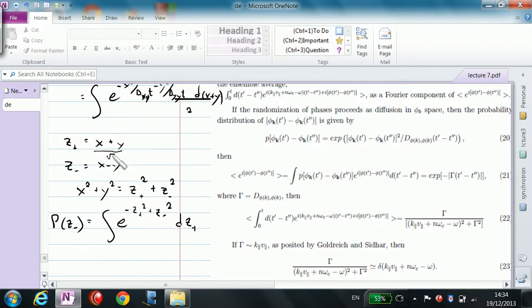Alright, in the special case where dxx is equal to dyyy, first of all I want to make this over the square root of 2. This is certainly true. No, then you should have it in brackets. You should put a bracket here, because z plus squared plus z minus squared gives you x.